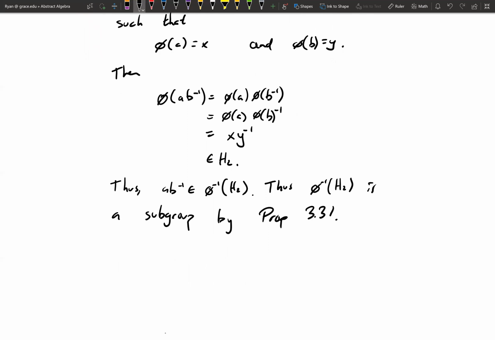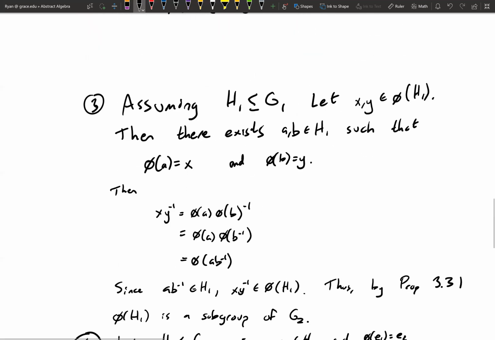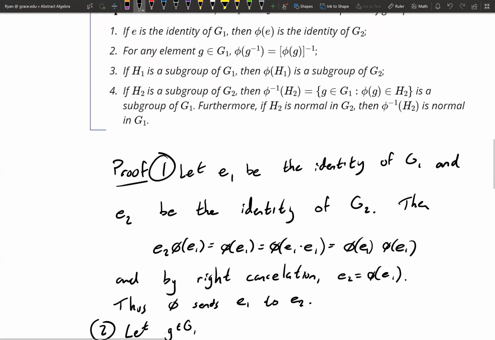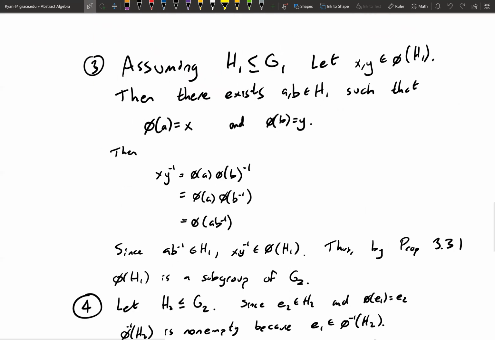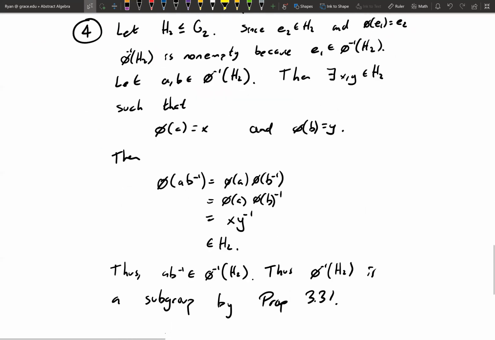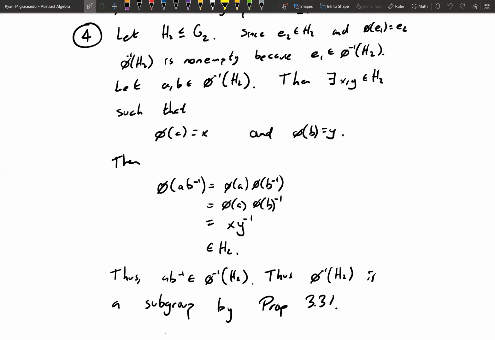Okay, the moral of the story, what are some things we could learn from this? Well, it's about knowing what you need to prove. So when I need to prove that phi inverse is a subgroup, I'm picking A and B in phi inverse of H2 and showing that AB inverse is in phi inverse of H2.